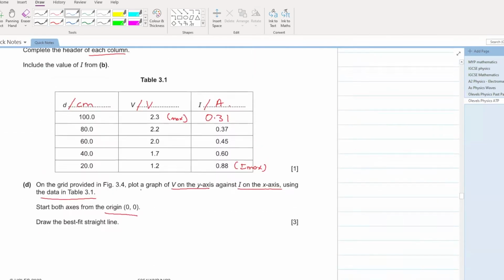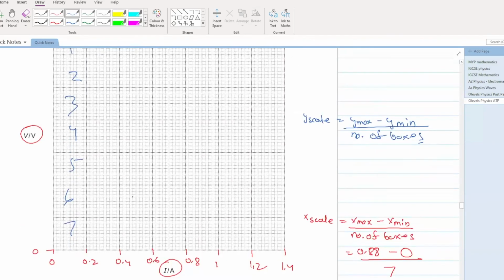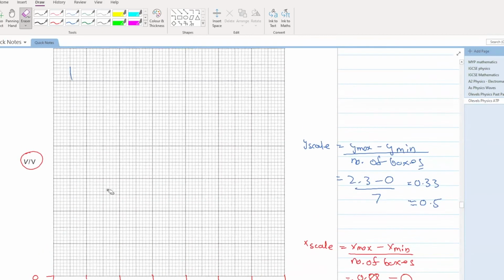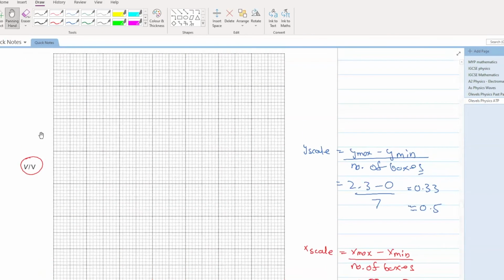What is the maximum value of y? 2.3. Perfect. Minimum value is 0. 2.3 minus 0 divided by 7, so 2.3 divided by 7 gives you a value of roughly 0.3, 0.33 you can say. But we cannot plot 0.33. Instead, we will plot 0.5 because that will be a much more appropriate scale.